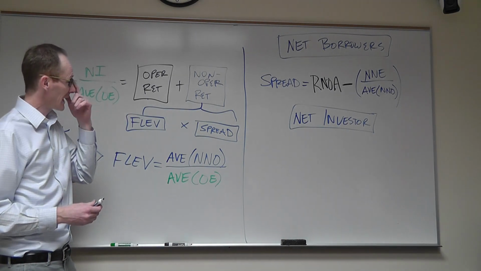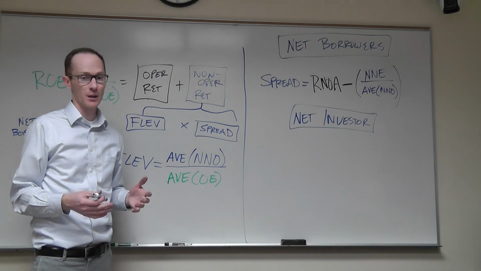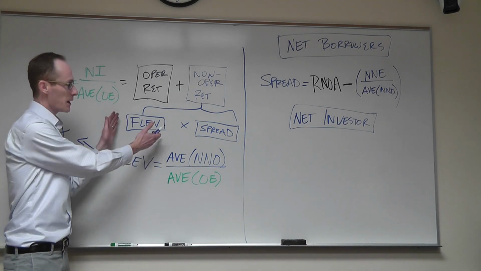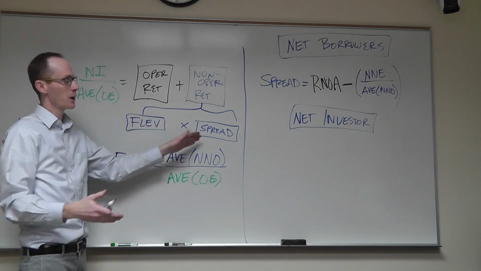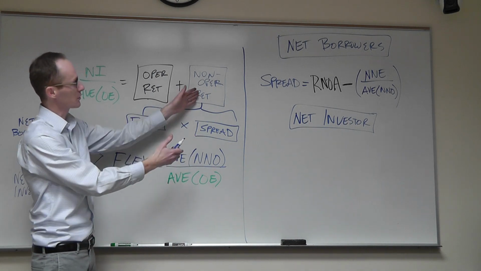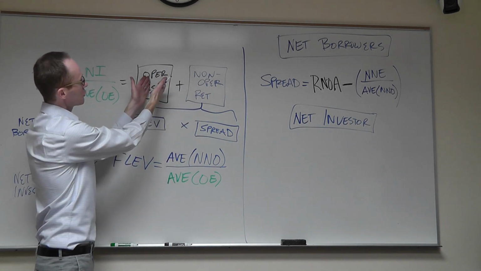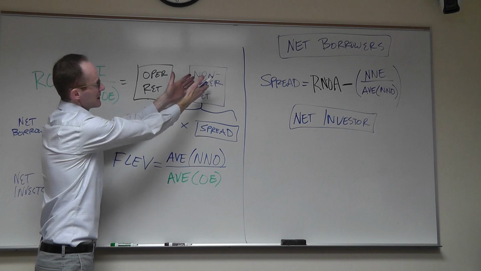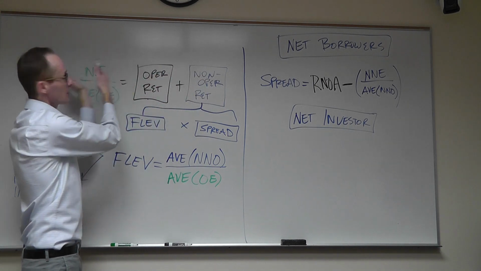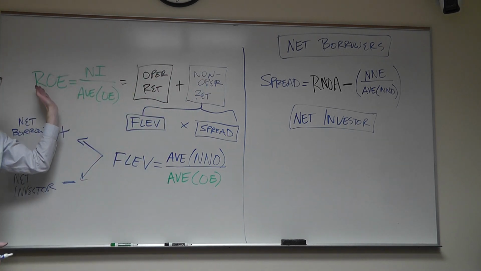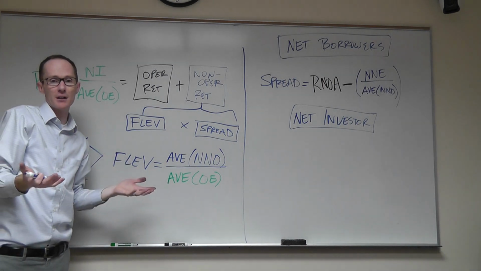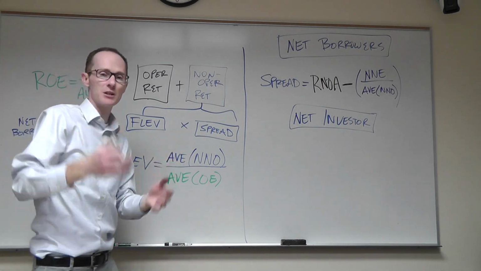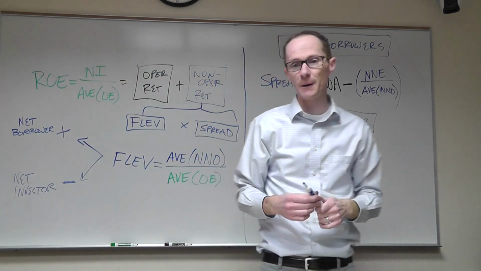In the case of a borrower, generally FLEV is positive and spread is positive. So we have two positive numbers, and leverage increases our return on equity. That's what we lever for, to increase the return we can give to our equity holders.